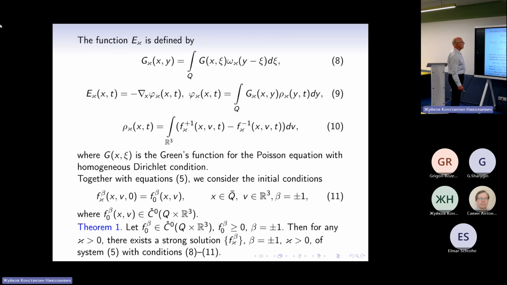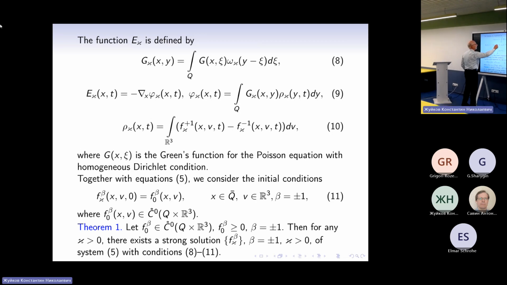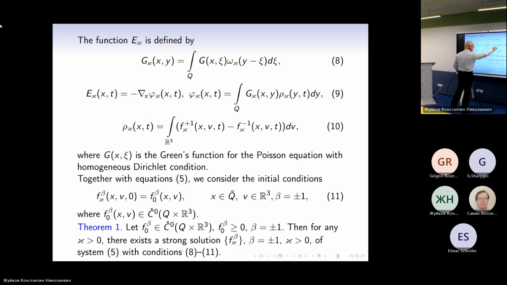Then we consider the averaging of the Green function. This is the Green function of the Dirichlet problem. We define E_kappa, the self-consistent electric field, by the formula. Then phi_kappa is the convolution of the averaged Green function and the total density of charged particles, which is given by the formulas.